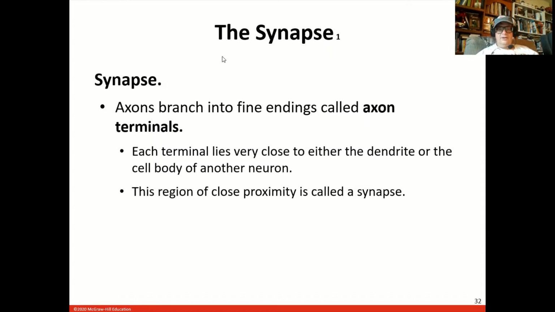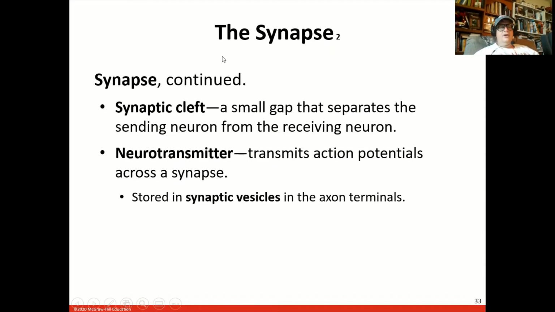All right, so let's do this. The synaptic cleft is the little gap, and we're going to spill neurotransmitters into it. They are stored in little vesicles that are in the synaptic terminal.